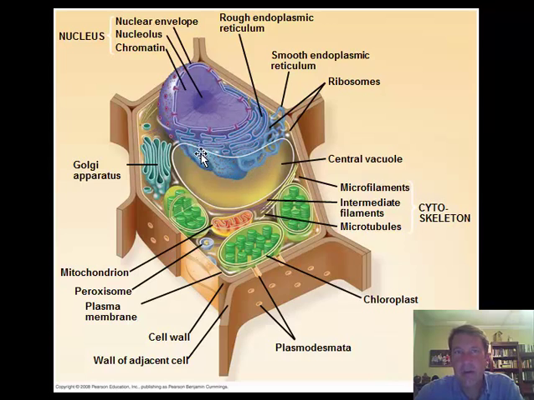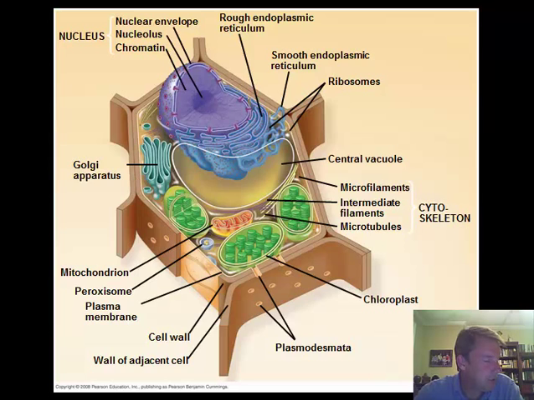Animal cells have small vacuoles, but a plant cell has this very large central vacuole, and its major function is for storing water. Plants need to store a lot of water in their cells, and the central vacuole functions in that. But other than that, you can see that it has those same organelles that we just looked at in the animal cell. It has the nucleus, the ER, it has the Golgi apparatus.